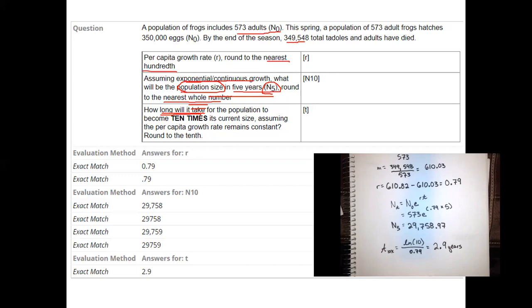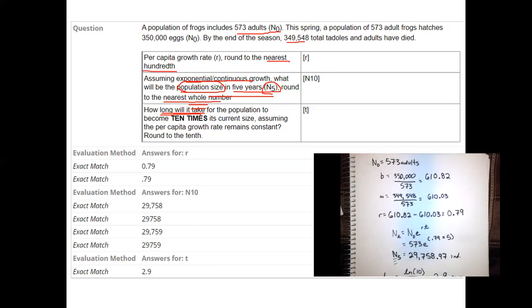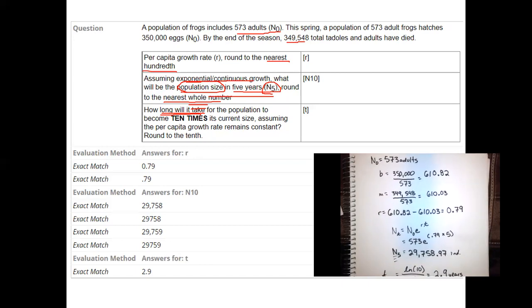Again, I tell you to round to the 10th, not to the 100th, which would be 2.91. It's 2.9 years because I tell you where to round. Again, years is the units because t is what we're looking for, time. The number of individuals, so this would be individuals in 5 years, and so on and so forth. So hopefully that clarified that seemingly tricky question for you guys. Thanks.